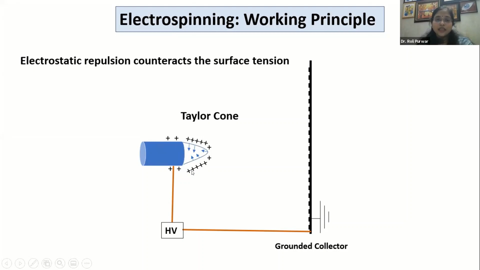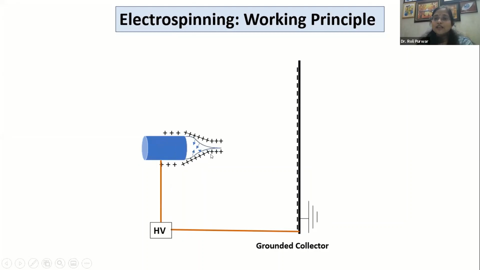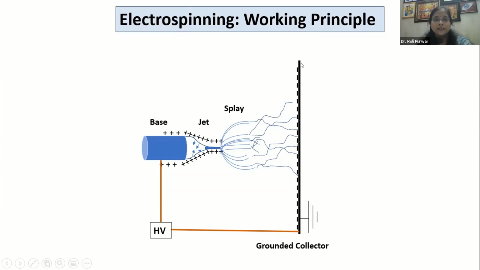And once this Taylor cone is formed, then we keep on increasing the charge, and a jet formation takes place from the polymeric solution. Then this jet will spread, and due to some kind of whipping action and instability, this fiber will deposit on the surface of the collector plate.